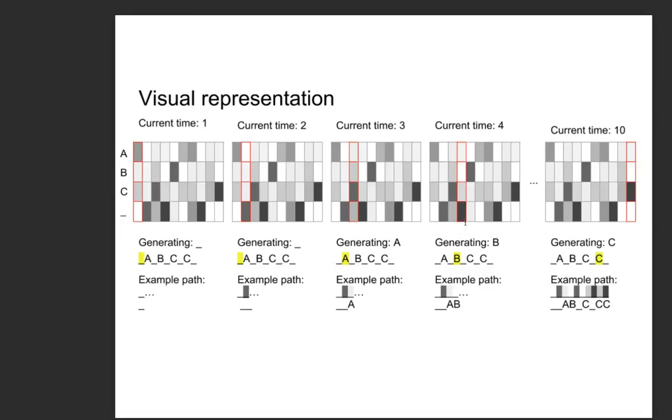If you have a very peaky response at a blank, you say it's very likely to be a blank and not likely to be anything else, so I get a lot of information by choosing a blank. Whereas if I had a uniform distribution across all of my states, I would just stay where I am because I don't gain any information by picking the maximum, since the maximum might be 1 over n.